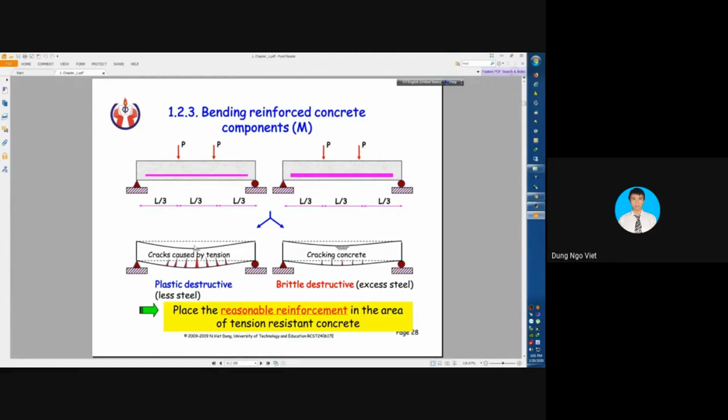In the upper part of the beam we have the compressive stress, and in the lower part we have the tensile stress. So people will arrange the reinforcement in the lower part of the beam to resist the tensile stress.